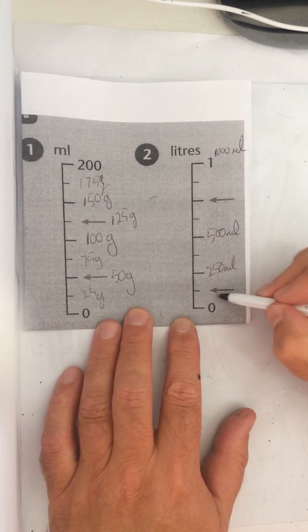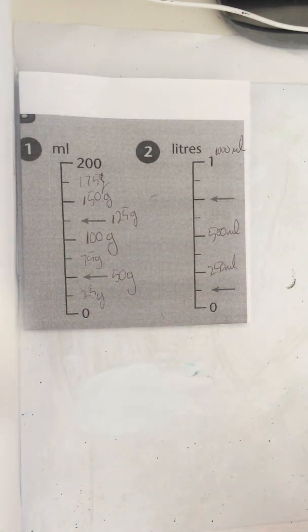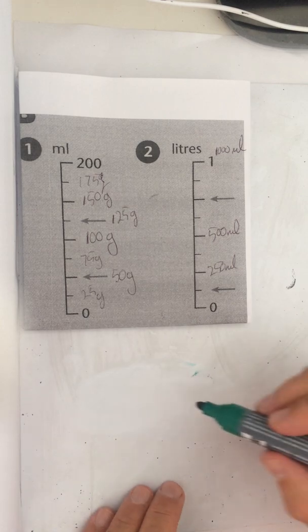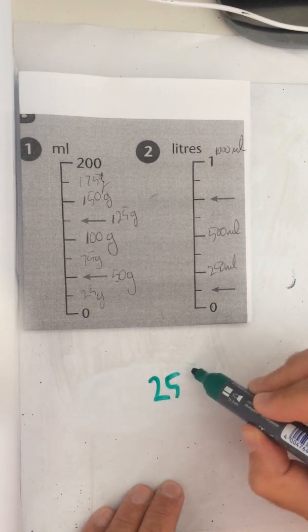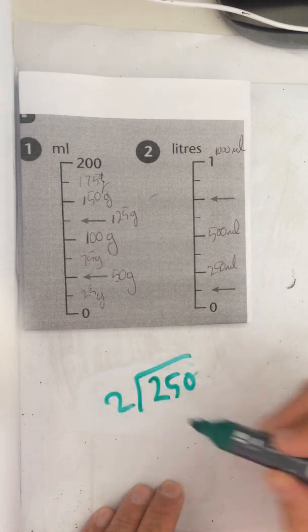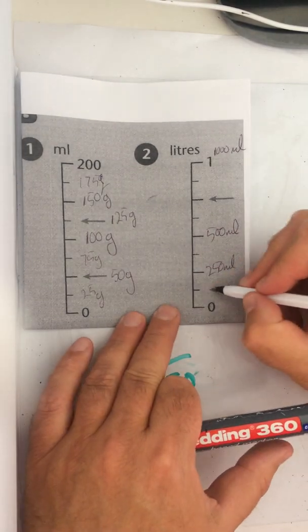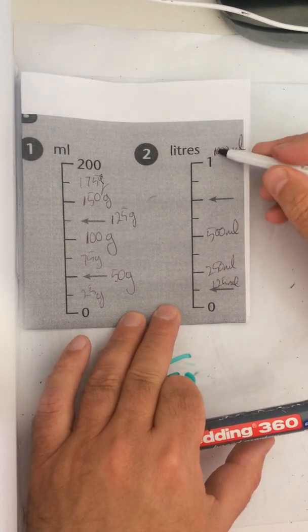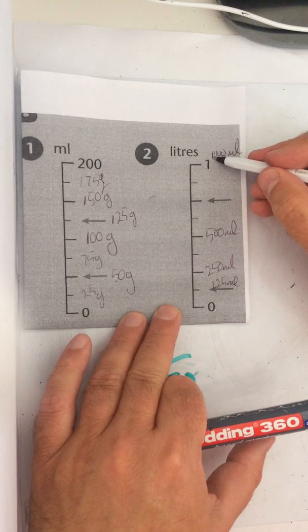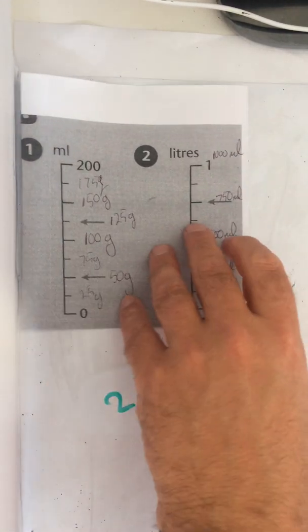Then I have to find halfway to find this one. Halfway between 0 and 250. Okay, so if you want to do a written method, you just divide that by 2. Okay, don't be afraid to do that. So it comes to 125 milliliters. And the same here, halfway between 500 and 1,000, 750 milliliters. Okay.